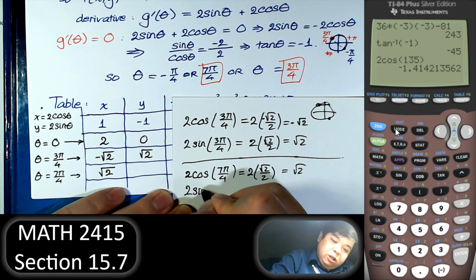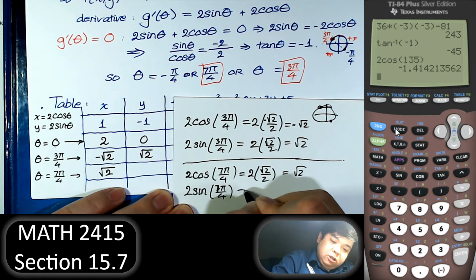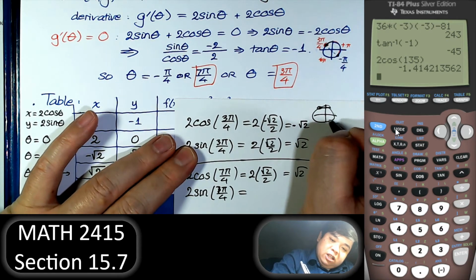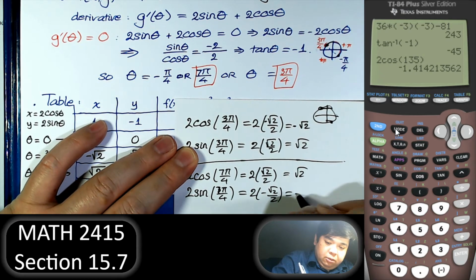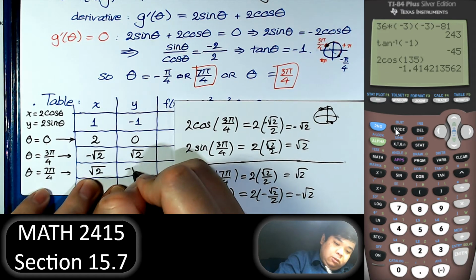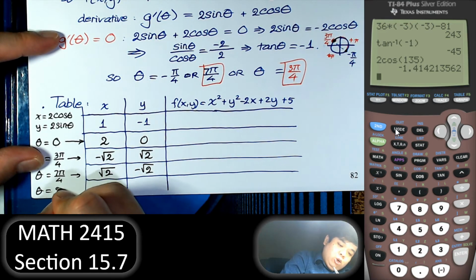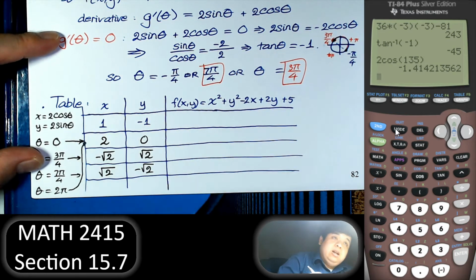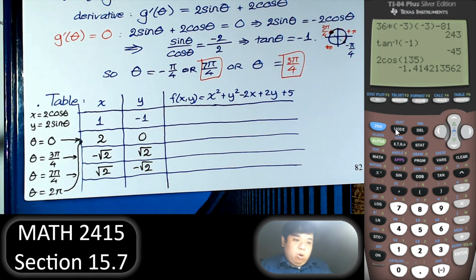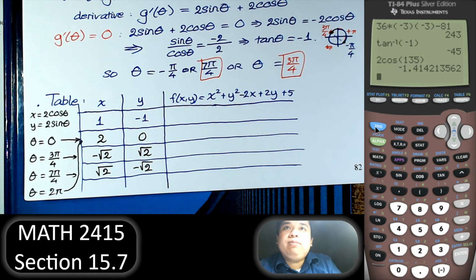Then 2 sine 7 pi over 4 will be here, sine is negative. And when theta equals 2 pi, that is the same as 0. So we have those points. Put everything in a calculator and evaluate. I'm going to use the table.